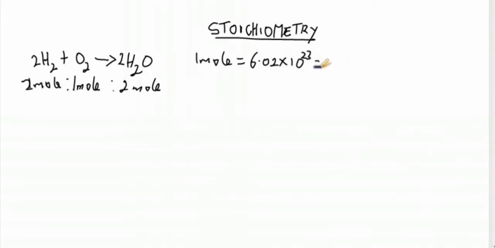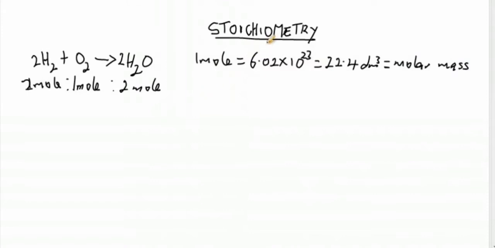And if it's a gas, at STP, this will equal or contain a volume of 22.4 dm cube. And these will contain a mass. The mass of this 1 mole, like we said last time, is 1 molar mass, or 1 formula mass.